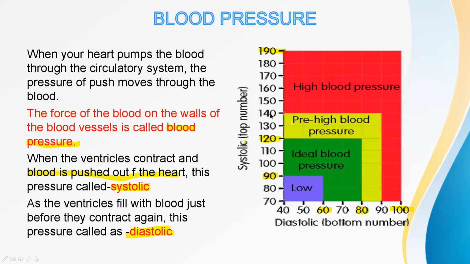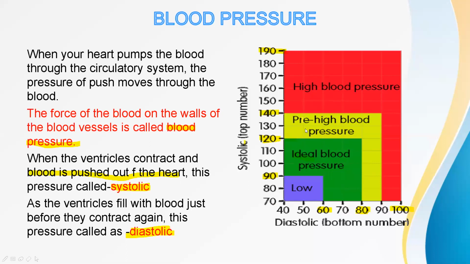When it comes to 140/80, 140 is the systolic pressure and 80 is the diastolic pressure. These are indications that you are about to get high blood pressure soon.